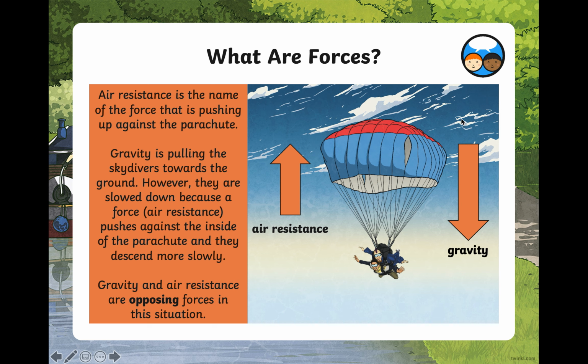That means the gravity force is the bigger one. That's how you draw a force diagram. A bigger arrow shows a bigger force, okay, and the object is moving in the direction of the bigger force.